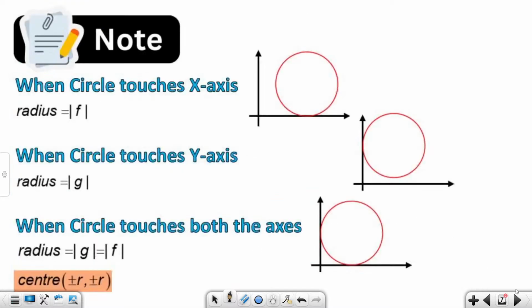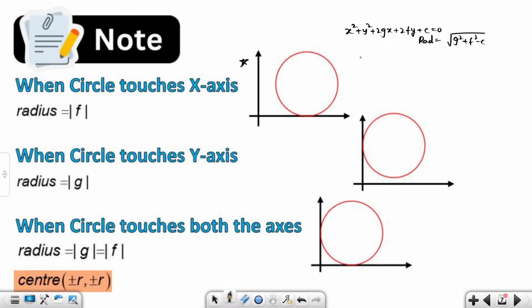Okay, so now, a very important note. When the circle touches the x-axis, now tell me one thing. For all these 3 cases, I am taking the general equation of the circle. Now, what is its radius? Its radius is root over g square plus f square minus c. Now, for this case, the circle is simply touching the x-axis.